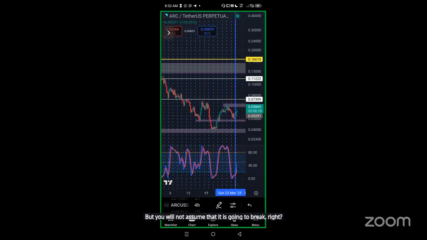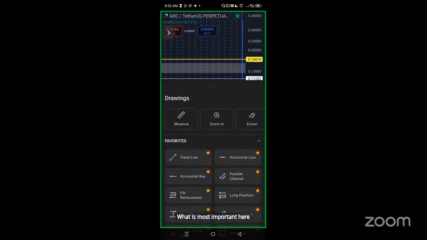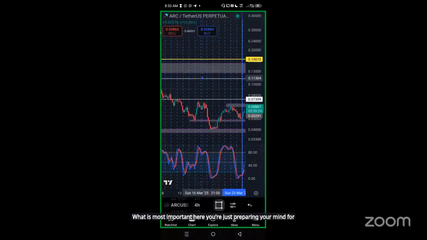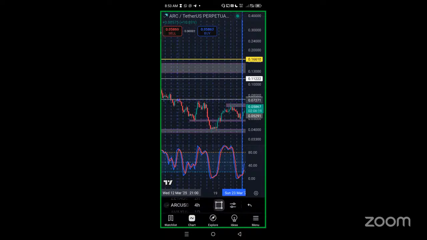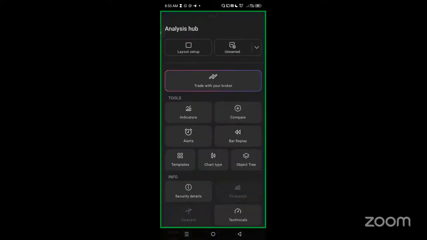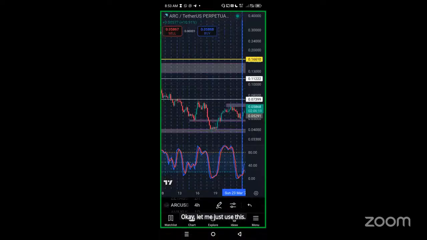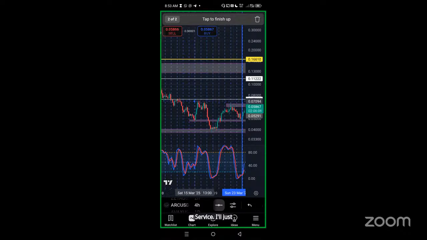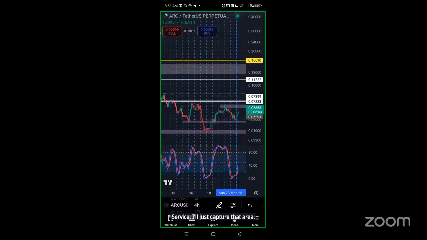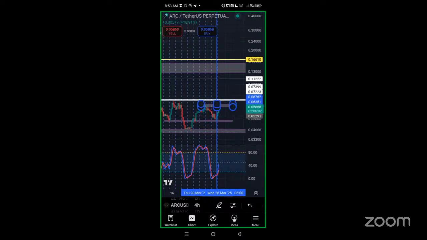What is most important here, you're just preparing your mind for what is going to happen. So take this measurement. Okay, let me just use this. See this. Let me just capture that area. Okay. Let me capture this as well.